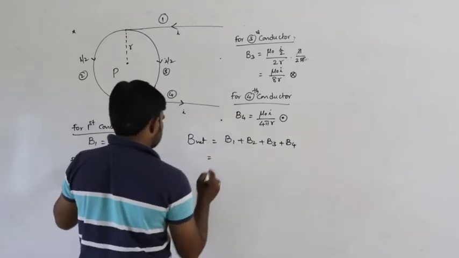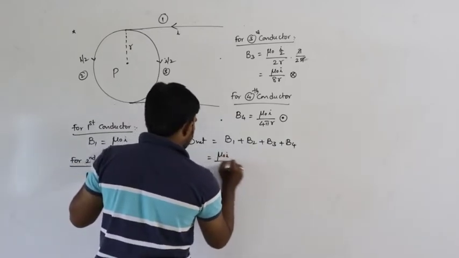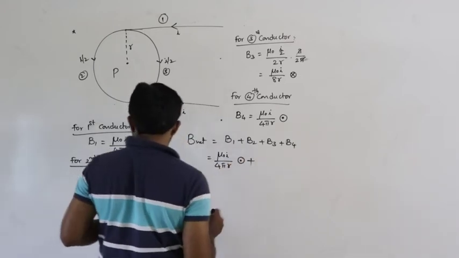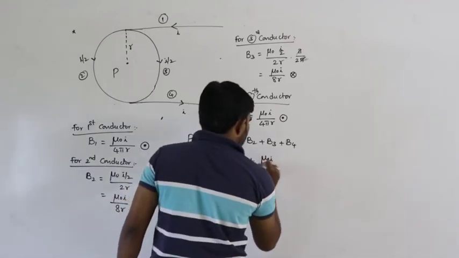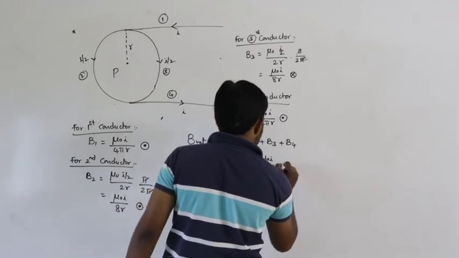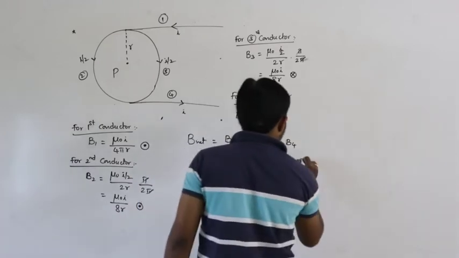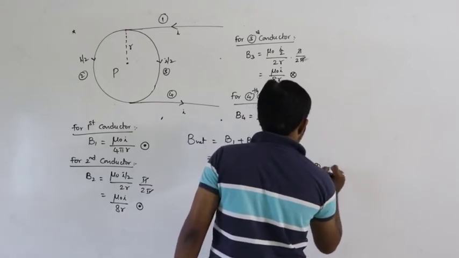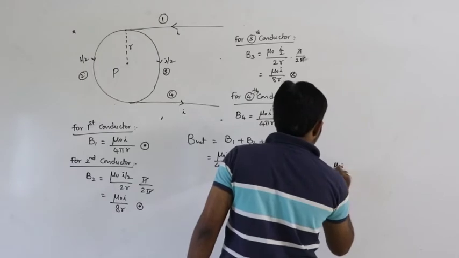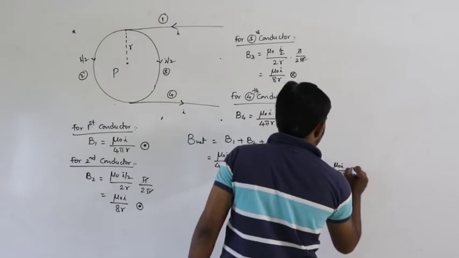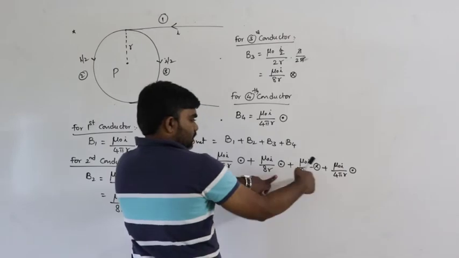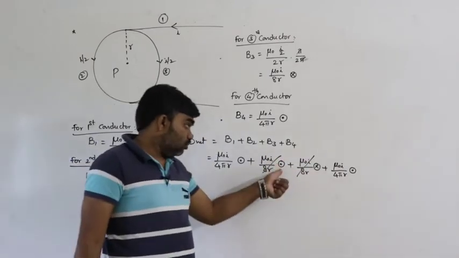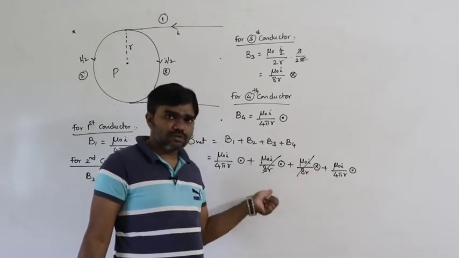B1 is mu naught I by 4 pi r outwards, plus B2 is mu naught I by 8 r outwards, plus B3 is mu naught I by 8 r inwards, plus B4 is mu naught I by 4 pi r outwards. Both have the same magnitudes but opposite directions, one outwards and one inwards. That's why these two must cancel.